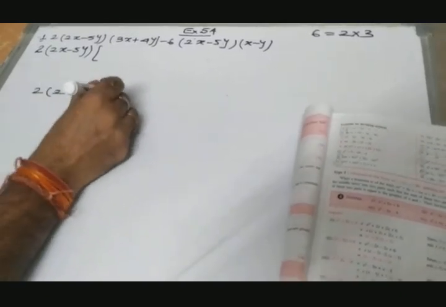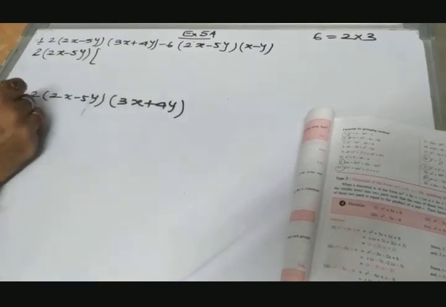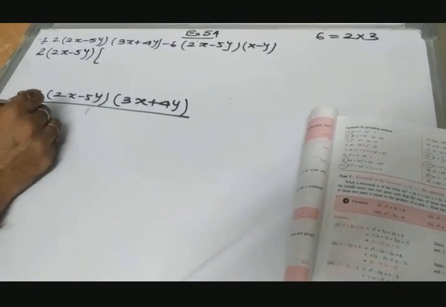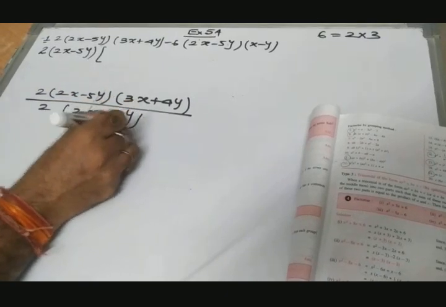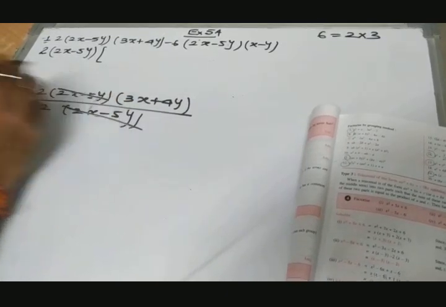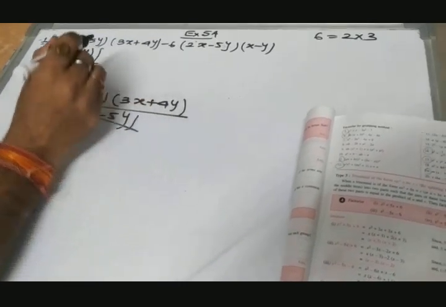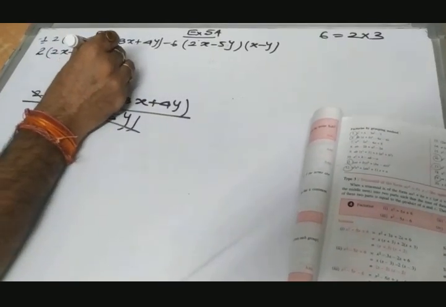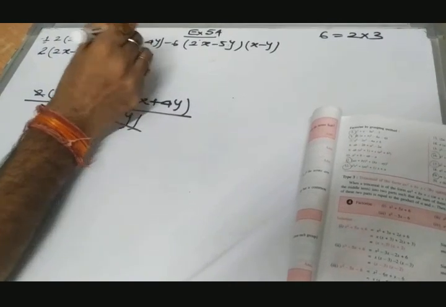Now we divide by the common term. The common term is 2x minus 5y. 2x minus 5y and 2x minus 5y cancel. The remaining term is 3x plus 4y. So we write here 3x plus 4y.